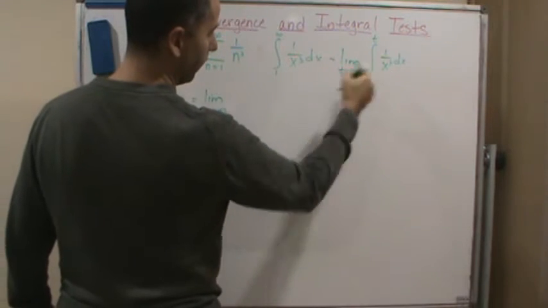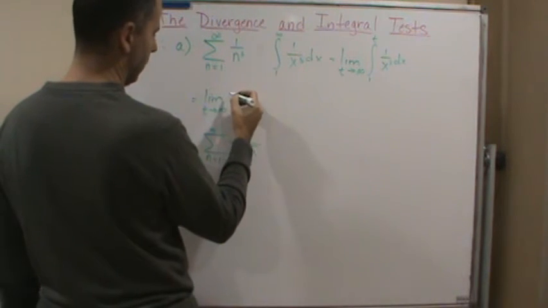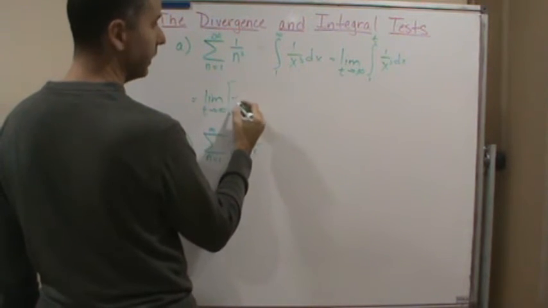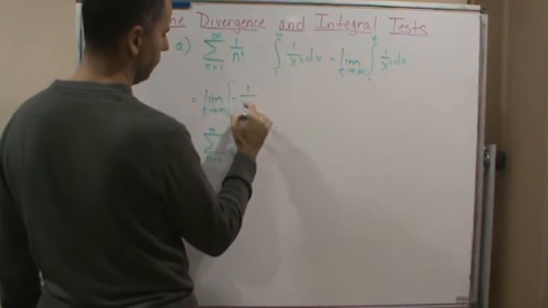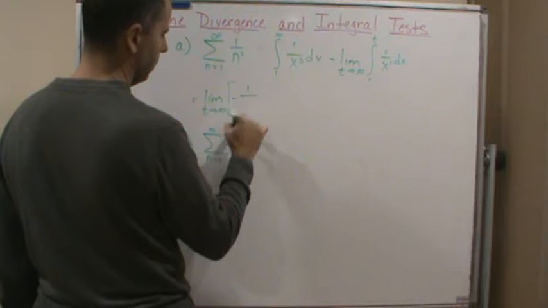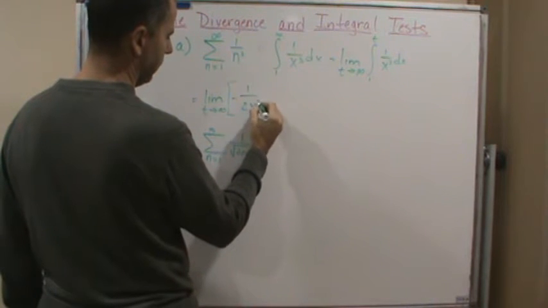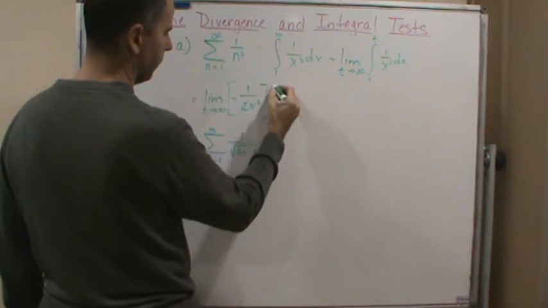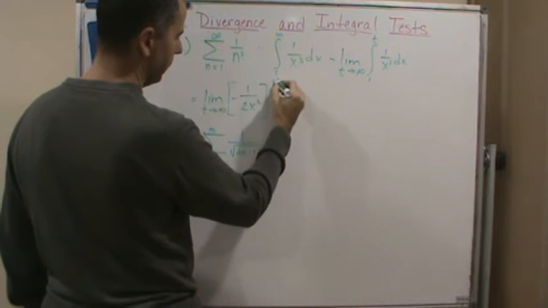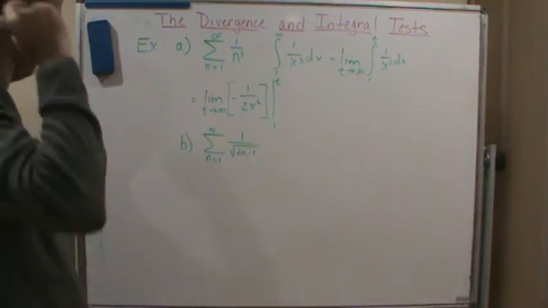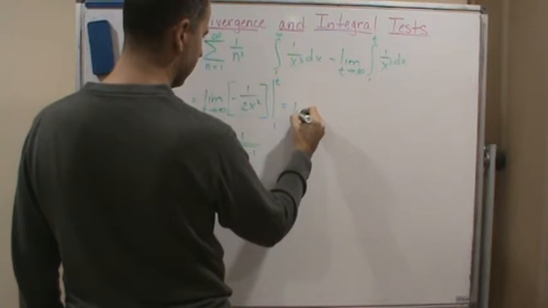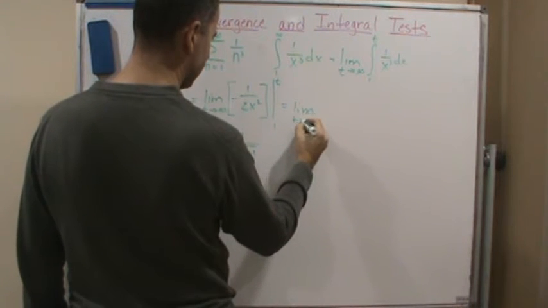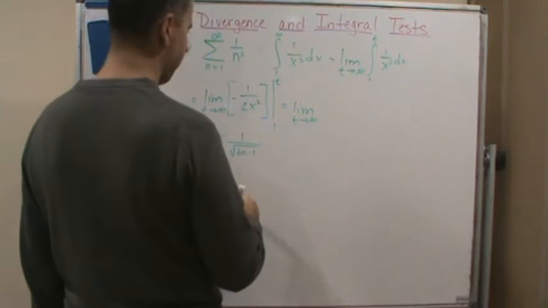Well, now we're going to integrate this, and so we get negative 1 over 2x squared, and we're going to evaluate this from 1 to t. And now, this is going to equal the limit as t approaches infinity of what?